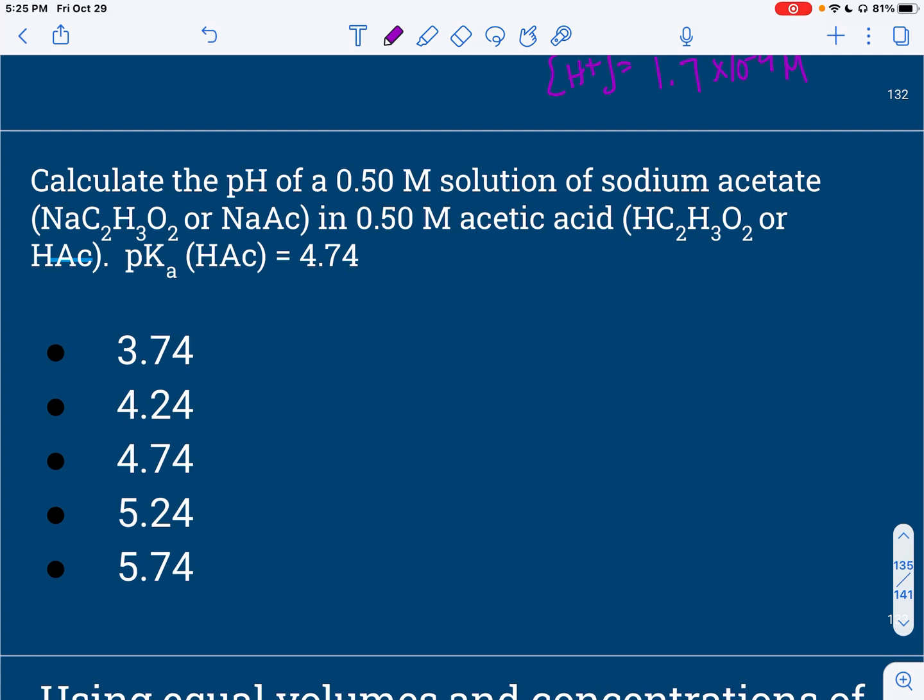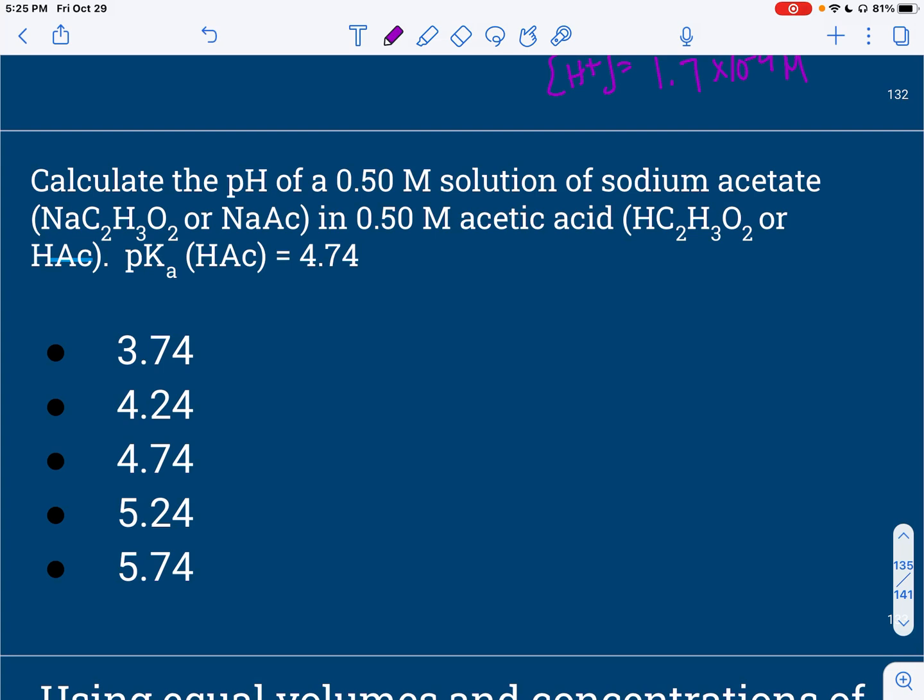So here we're looking for the pH. We have 0.5 molar sodium acetate, 0.5 molar acetic acid. So we know that they are equal to each other.